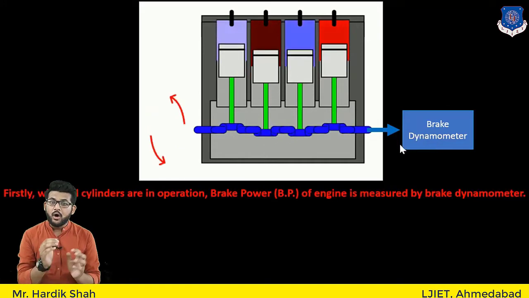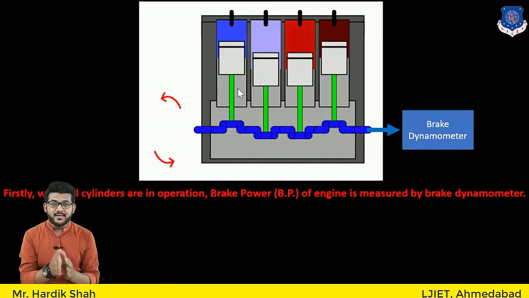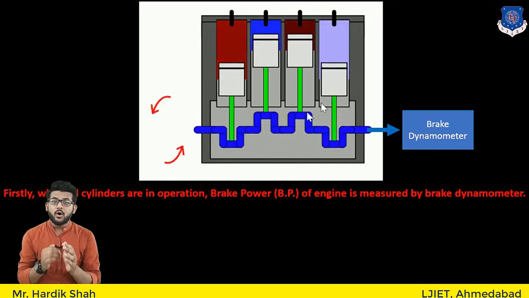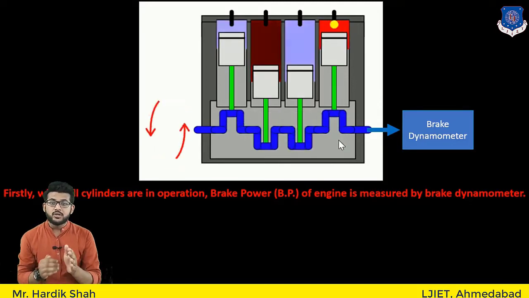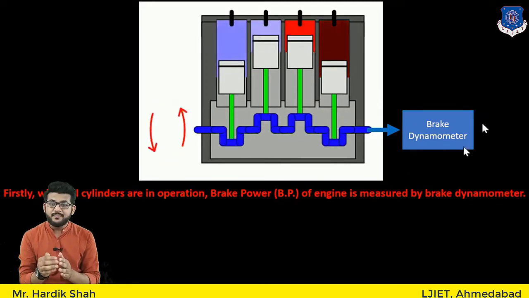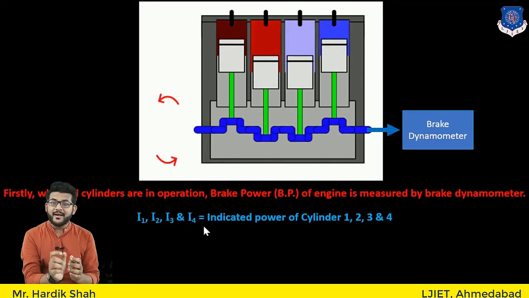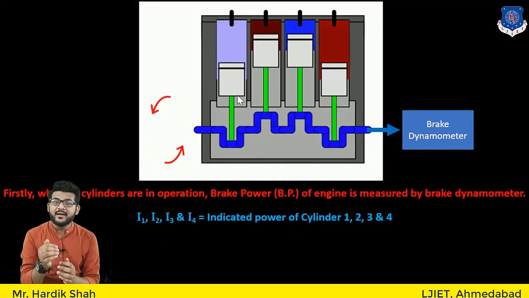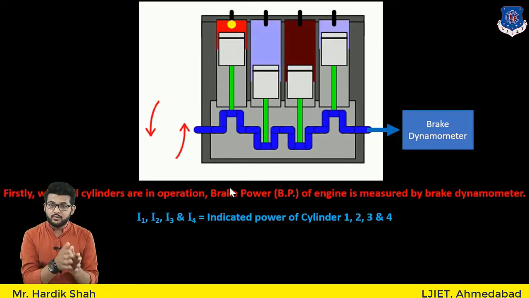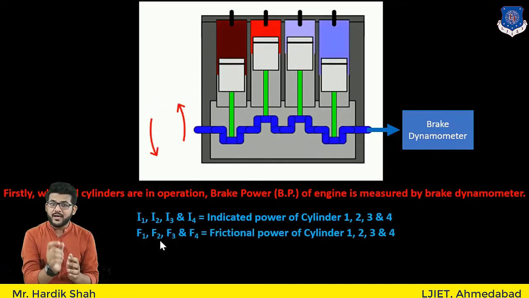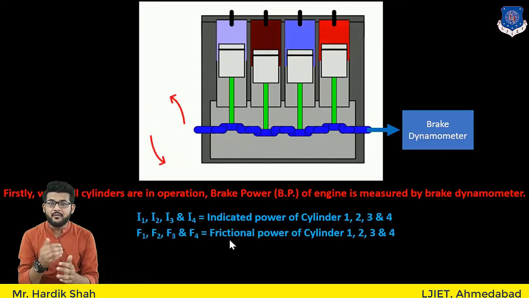When all the cylinders are in operation, the brake power of the engine is measured by the brake dynamometer. We will use I1, I2, I3 and I4 as the indicated power of cylinders 1, 2, 3, 4, and F1, F2, F3 and F4 as the frictional power of all the cylinders.